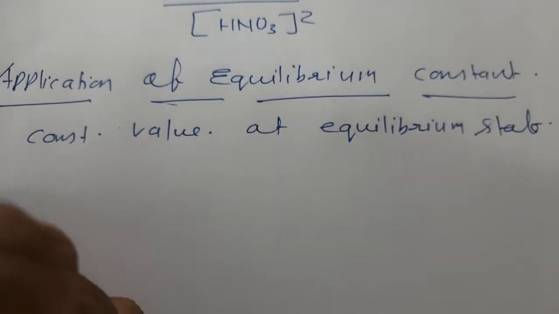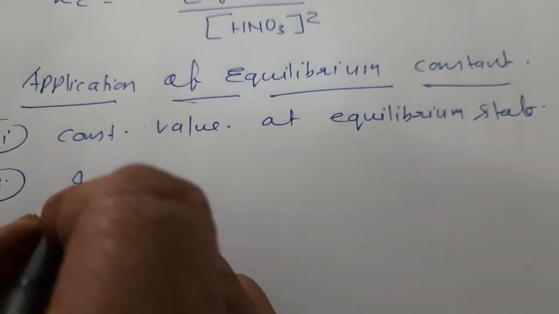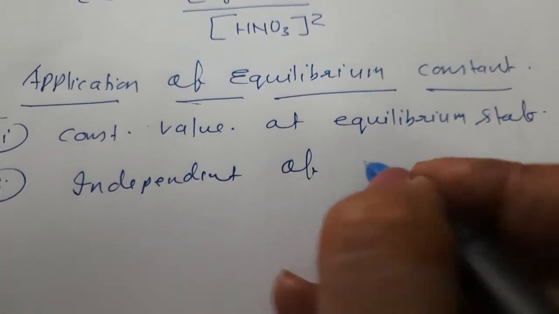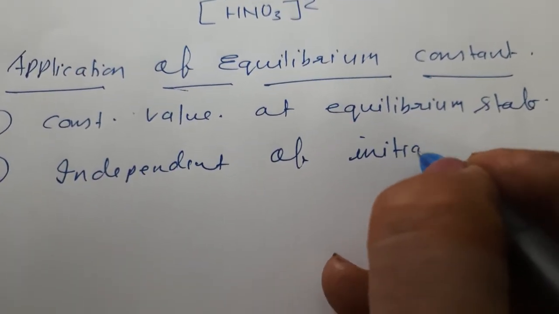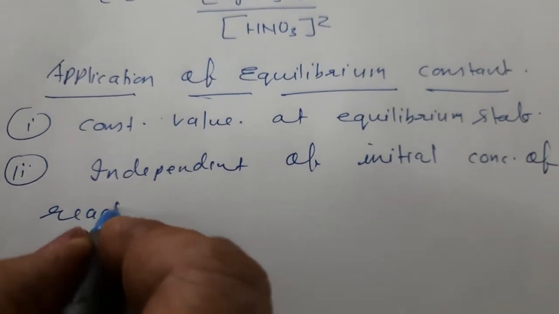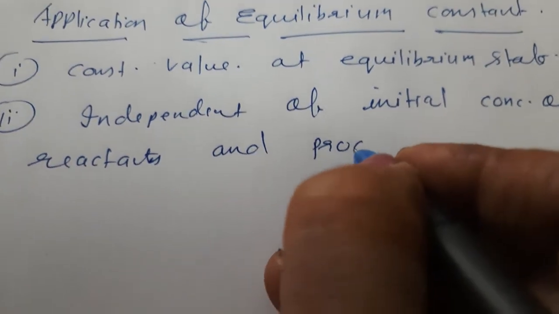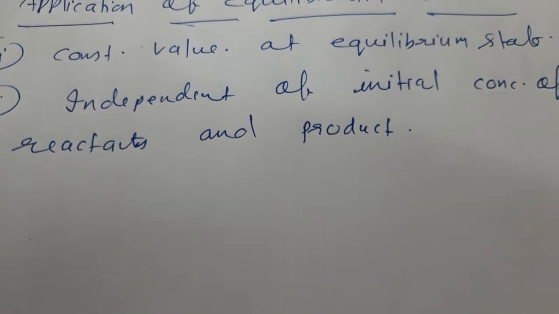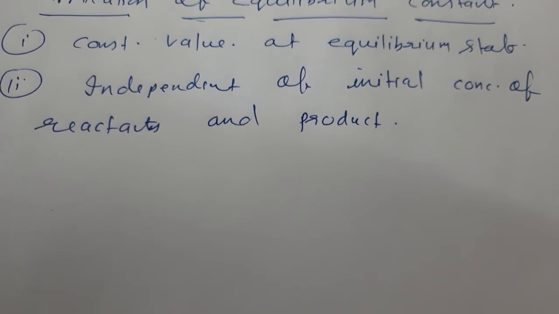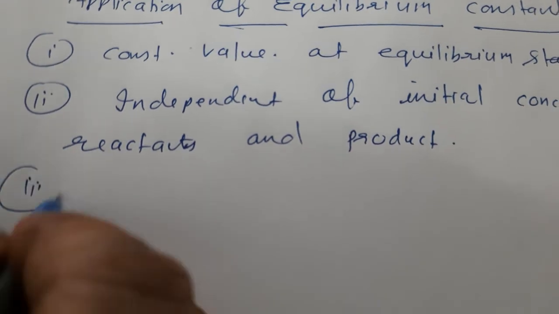The second point is that the value of equilibrium constant is independent of the initial concentration of reactant and product. Equilibrium constant is temperature dependent, having one unique value for a particular reaction represented by a balanced equation at a given temperature. So it is temperature dependent.